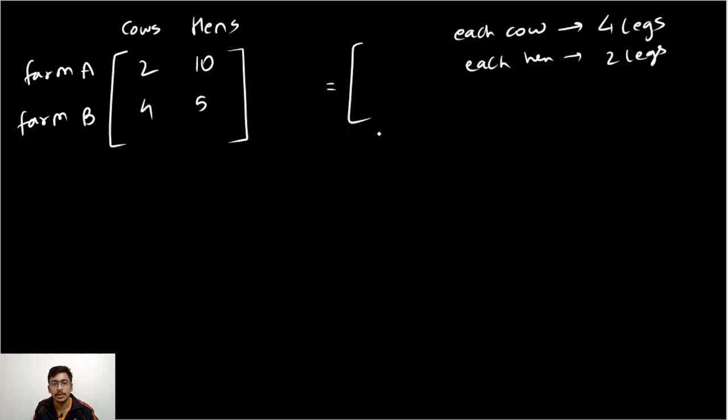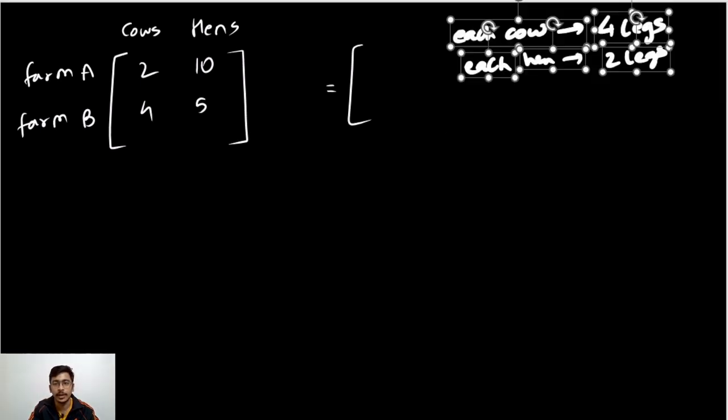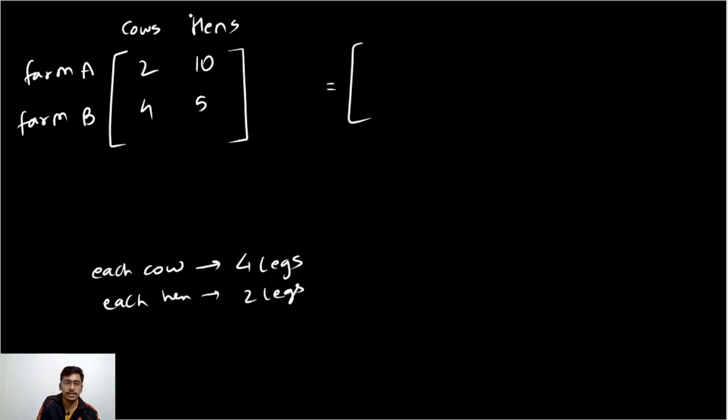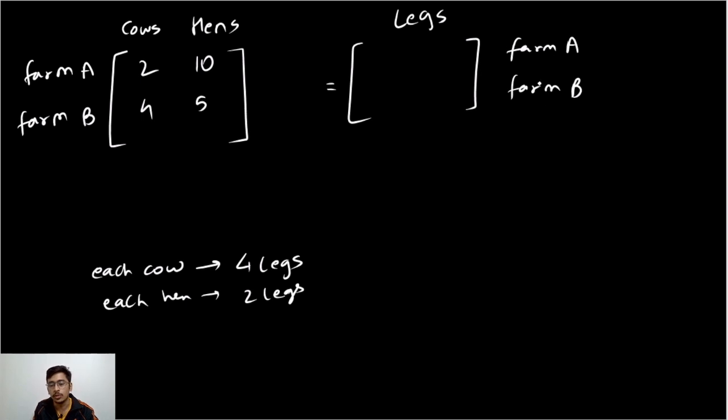Let me write down what I want. Let's say I want to find the number of legs on farm A and farm B. You can say that the first farm has 2 cows and 1 cow has 4 legs, so 2 cows must have 8 legs.